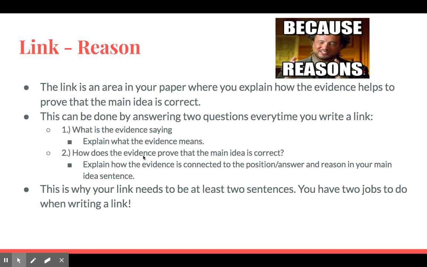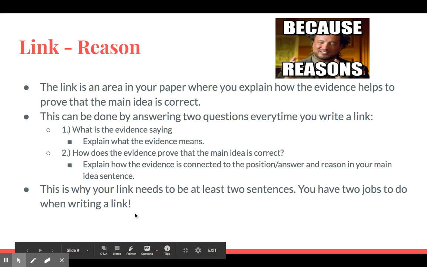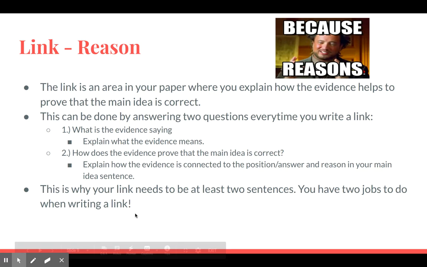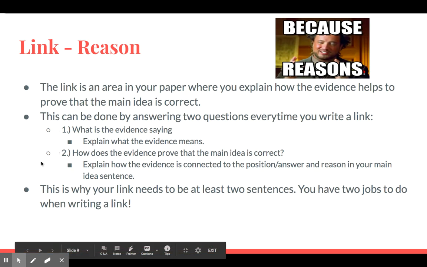Next, how does the evidence prove that the main idea is correct? This is the key here. This is the whole point of the link. You're explaining how the evidence is connected to the position or your answer and your reason in your main idea. This is why your link needs to be at least 2 sentences. You have 2 jobs to do when writing a link. Of course, your link can always be longer than 2 sentences, but we need to have at least 2 so we can check off both of these questions here.